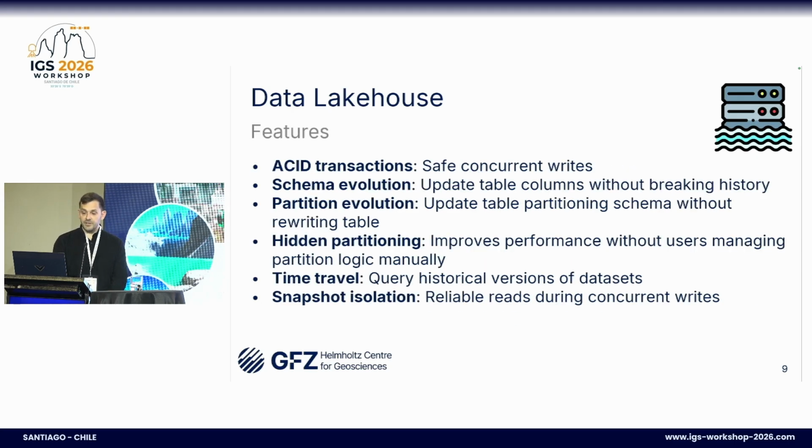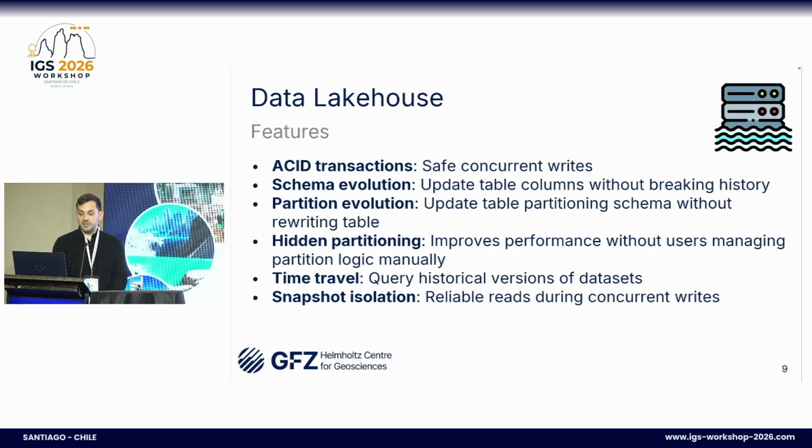Other features that a data lakehouse has are ACID transactions, so we can concurrently and safely write into the lakehouse. We have schema evolution, so you can think of the RINEX data as a columnar table, and if we have an update on the RINEX format as it is now, we can update the table columns without breaking the history.